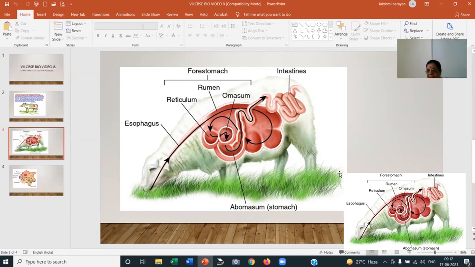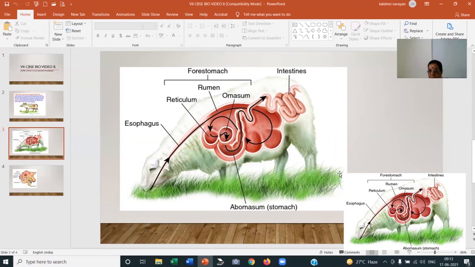Actually, in the diagram, we have the mouth, buccal cavity, followed by the stomach, and then rumen. Rumen is continued as the arrow mark, continuing to omasum, and then reticulum, abomasum. And the main center for this stomach is the rumen.